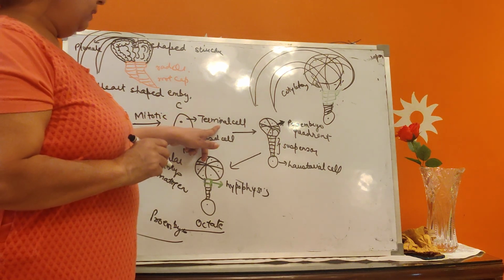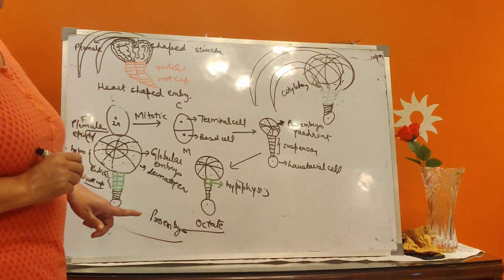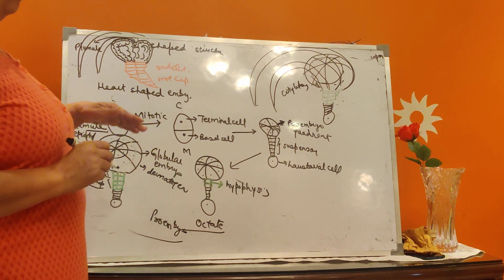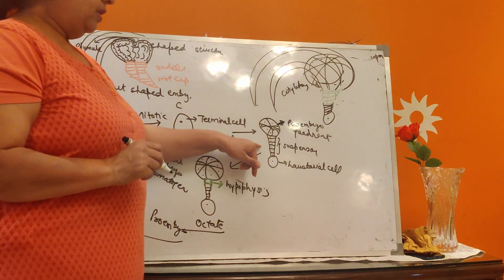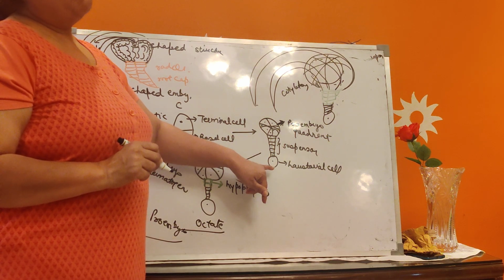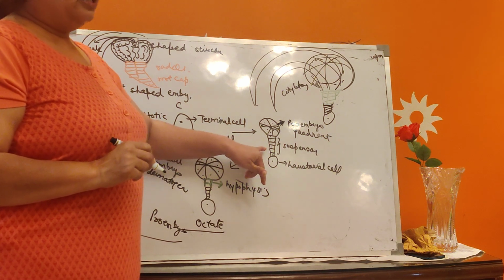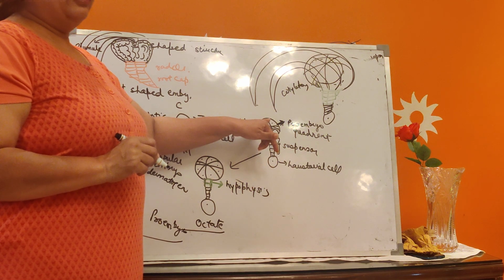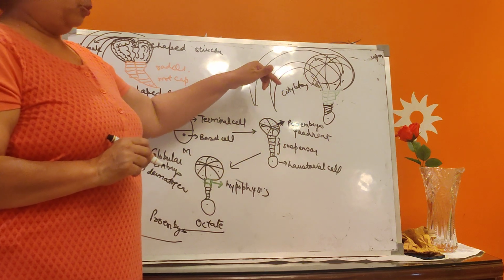One is called terminal cell and other is called basal cell. The basal cell undergoes further mitotic division and forms what? Suspensor and hostoria. The purpose of hostoria is to push the suspensor into the endosperm for nourishment.